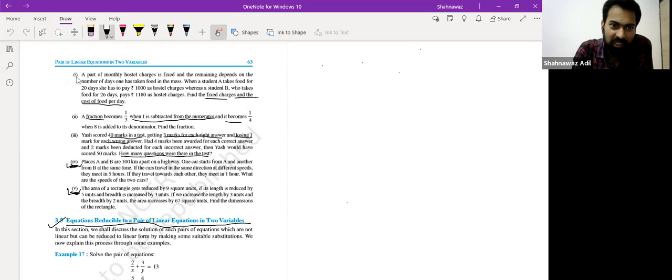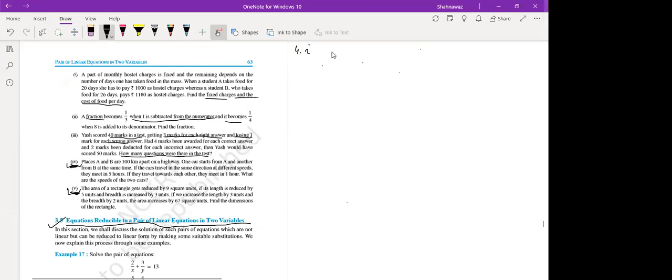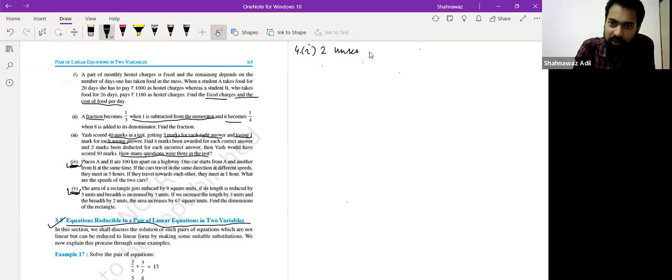So the first question that I always ask, right? What are the two unknowns here? A part of monthly hostel charges is fixed and the remaining depends on the number of days one has taken food in the mess. When a student A takes food for 20 days, she has to pay 1,000 rupees as hostel charges, whereas a student B who takes food for 26 days pays rupees 1180 as hostel charges.